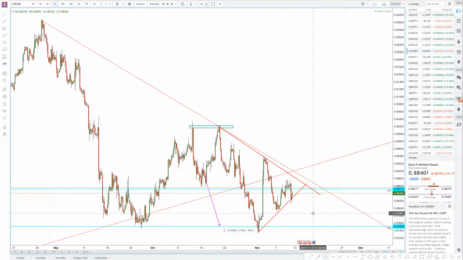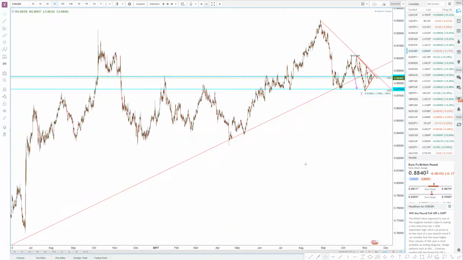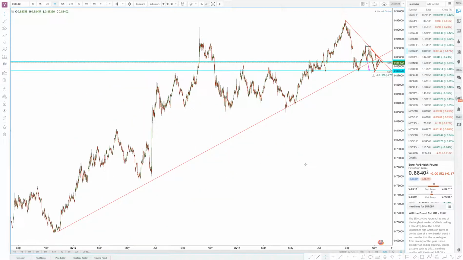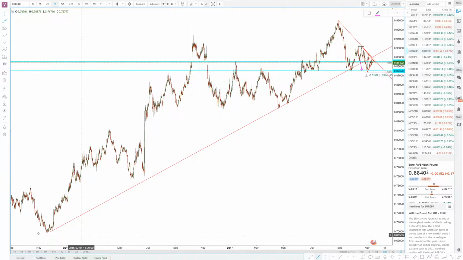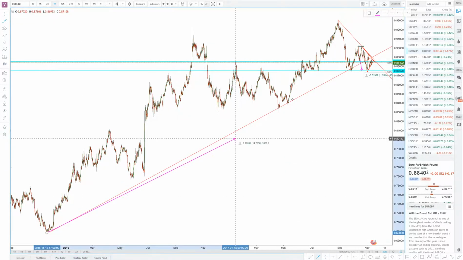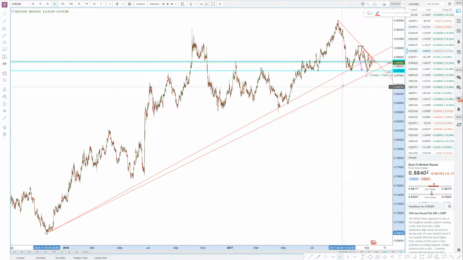Yeah, I can see it moving lower, but under the condition that we don't break out of here. So we have this trend line that we drew here, and we can put another one in here that goes like this, connecting these lows.